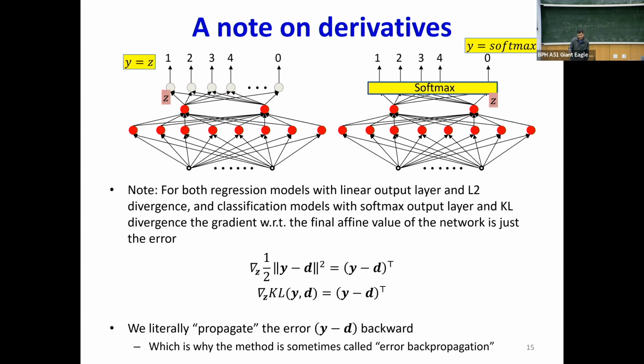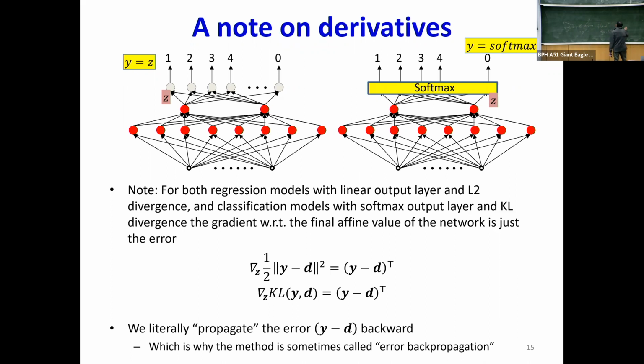What is the derivative of this? It's just going to be y minus d, right? The derivative of this is going to be y minus d. I may have a sign off.